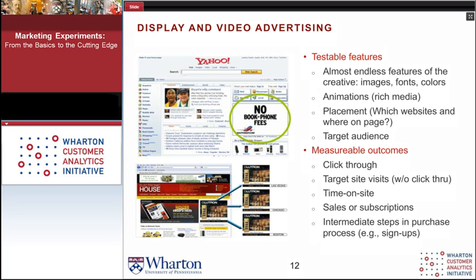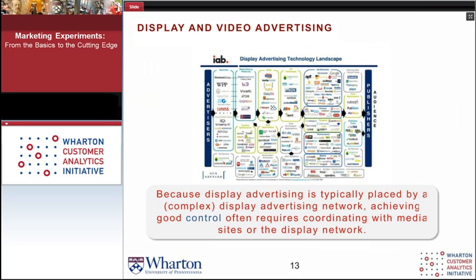But then you can look at whether or not the user ever visited the target website, without the click-through, how long they spent on a target website, whether they ultimately purchased, and all the kinds of intermediate steps in the purchase process that you might measure for a website as well. The thing about display and video advertising, and I just pulled this graphic, which is the IAB's graphic on what the display advertising technology universe looks like.